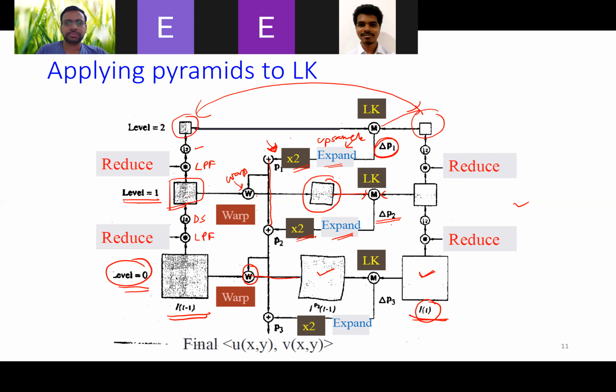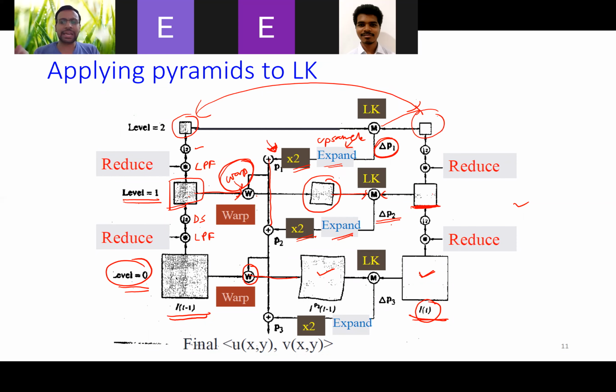So once you obtain the displacement field, then we expand it. Till that it's clear, and even the multiplication with two is clear. But what do we do after we have expanded it? See, now what you do is you don't take the original image, but you apply this displacement field. Once you apply it, you are bringing it much closer to this image, isn't it?